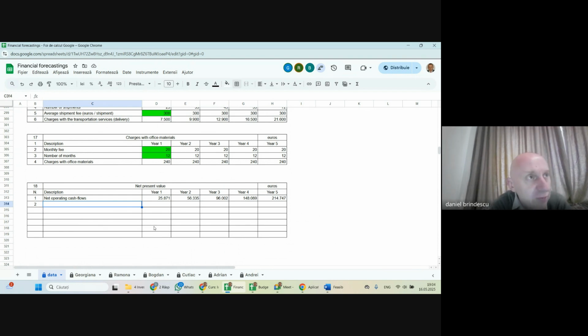This process of estimating the present value of future gains is called discounting. And the return rate that I'm using as a reference is called discount rate. So I'm saying discount rate.